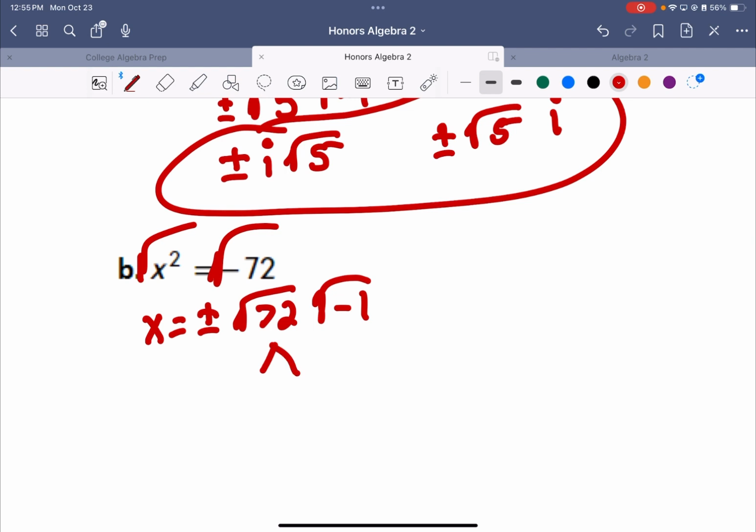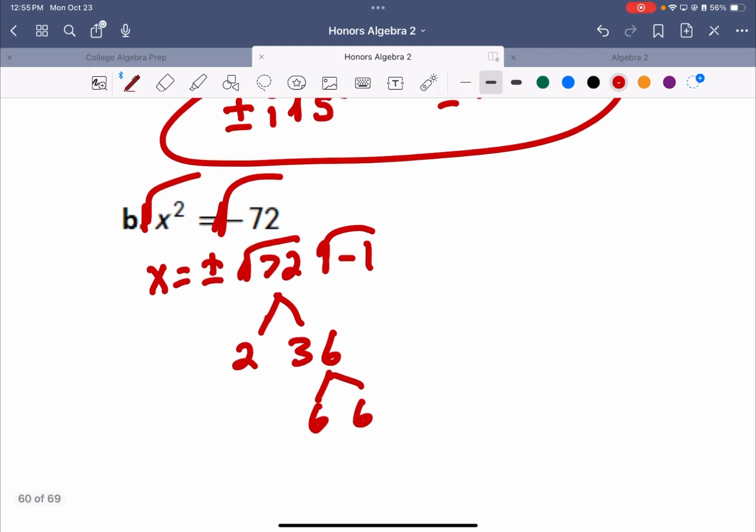Now we have to take this 72 and break it down. So we do the factor tree. I'm going to pick 2 and 36 because I know 36 is a perfect square. 36 is 6 times 6. I don't need to break it down anymore because I have a pair.